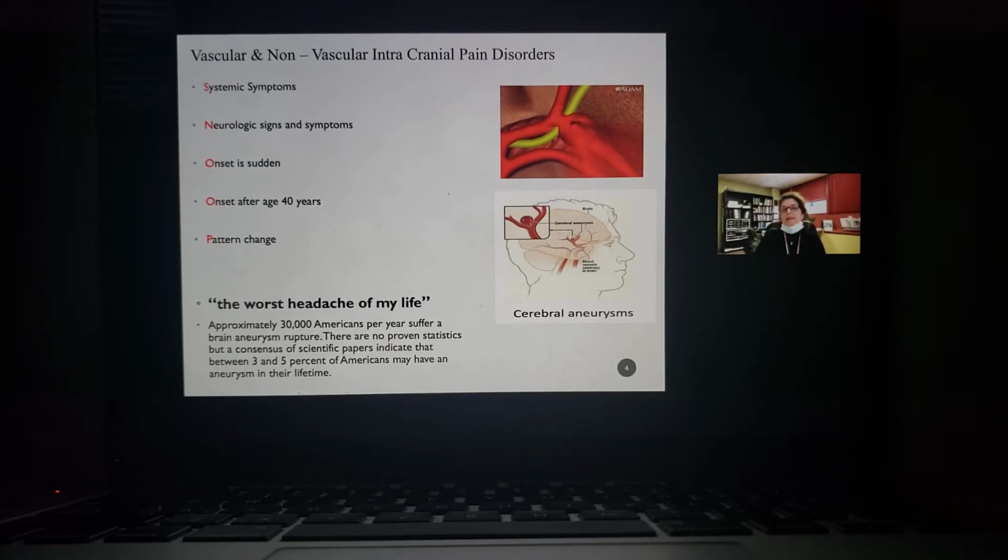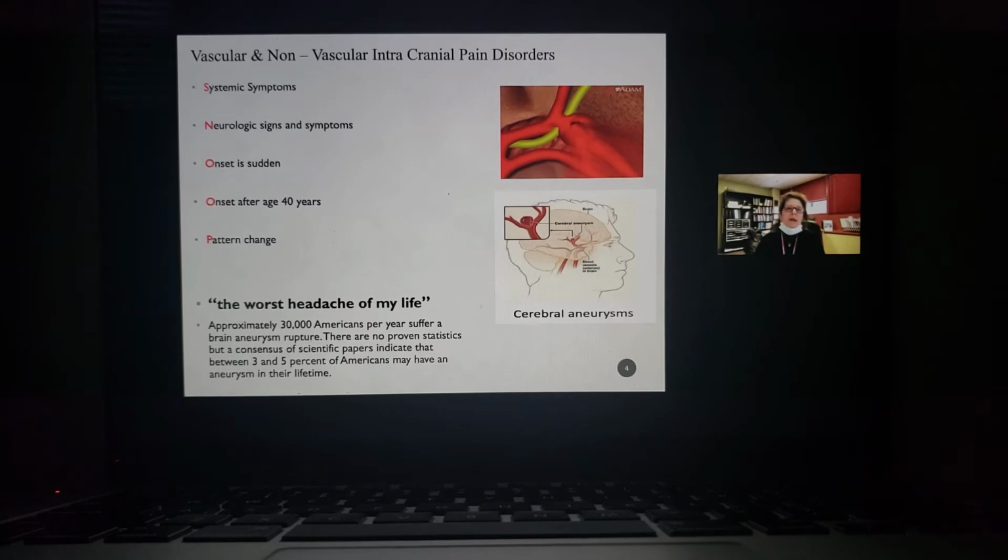In fact, if you call your physician or your neurologist, that will be the screening question to determine if they want to see you right away and if they want to send you to the ER right away, if it's the worst headache of their life and you have never experienced anything like it before.